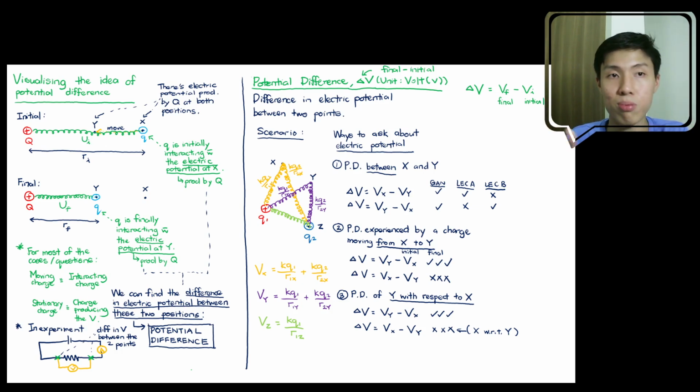From there you are able to know who is initial, who is final, and conduct your final potential minus initial potential. Okay, so that's for potential difference.